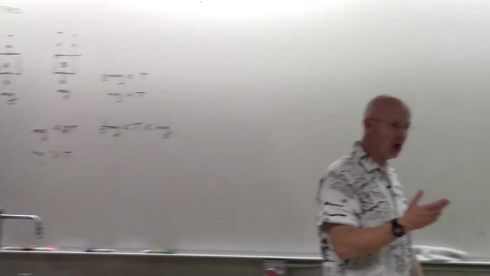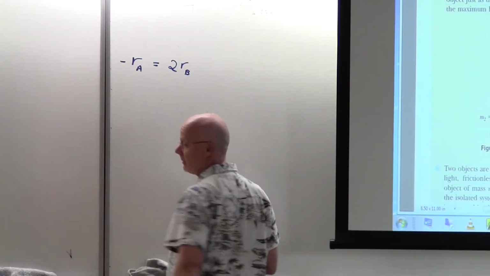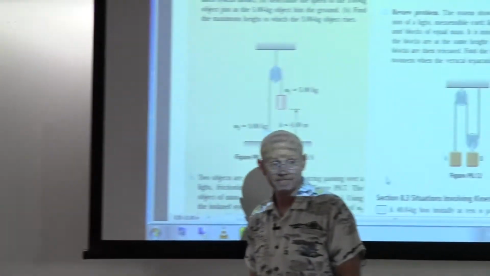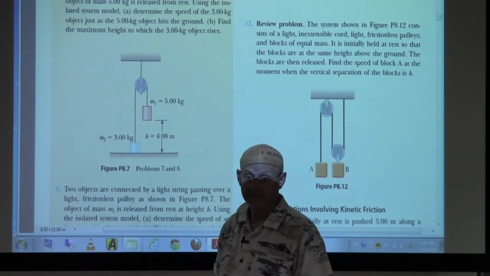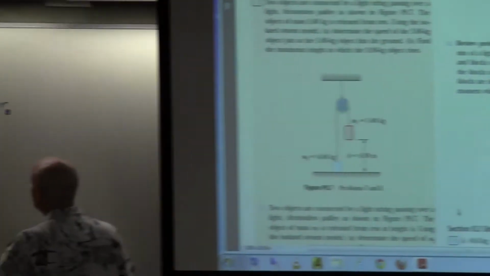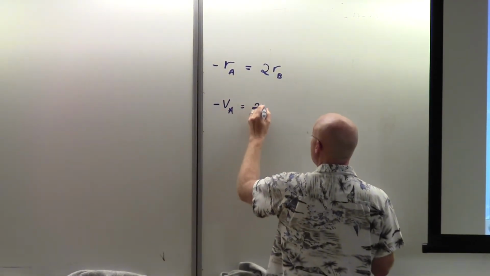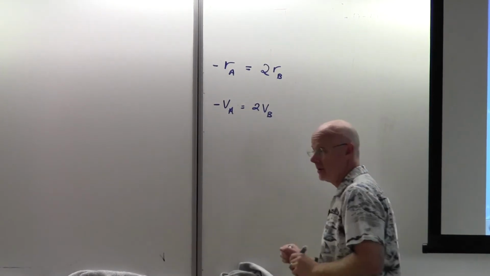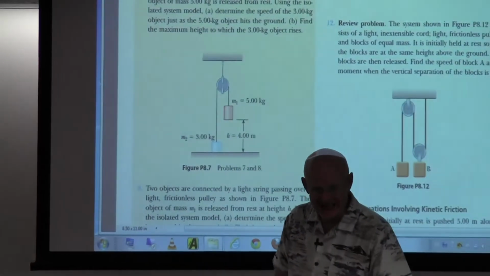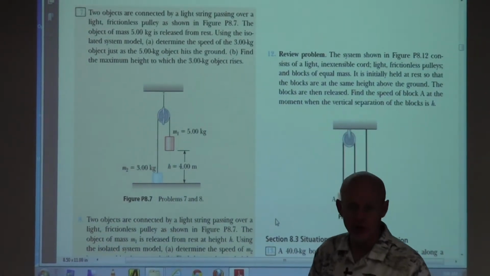So if block B goes up, then block A goes down. Maybe that's a better way of describing it. And if I take the derivative of both sides, I would get negative the velocity at A is equal to twice the velocity at B. And so not only do they move different distances by a 2-to-1 ratio, they move at different speeds in a 2-to-1 ratio.